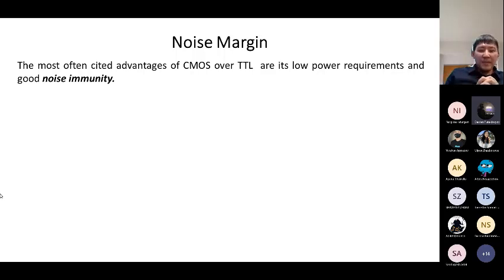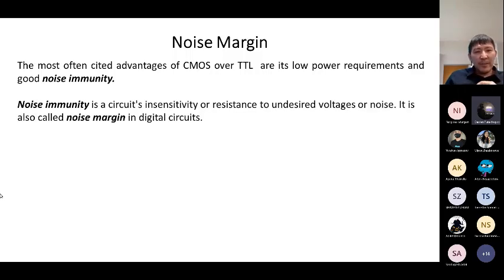Okay, so I mentioned that CMOS is becoming more popular, and for example, in any modern device, such as a smartphone, mostly CMOS is used. Why? Because first of all, it consumes less power, and also it has good noise immunity. So what does noise immunity mean? Noise immunity is a circuit's insensitivity or resistance to undesired voltage or noise.